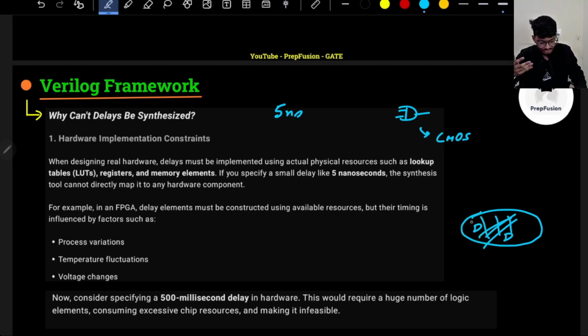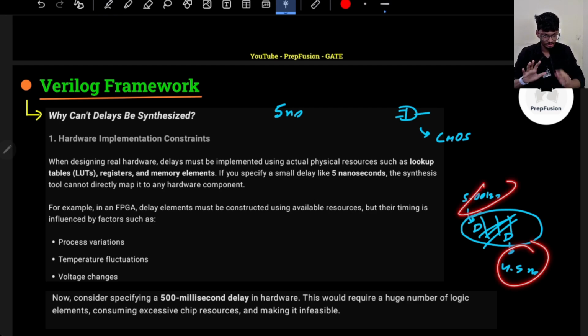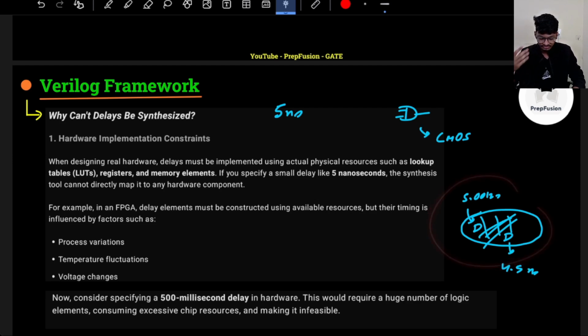Due to that difference, this AND gate may have 5.001 nanoseconds of delay, and this AND gate might have 4.9 nanoseconds of delay. I'm exaggerating, it will not be that much of a difference, but the difference will be noticeable. So once we try to model with hardware components with delays, we will not be able to model exactly. Why?